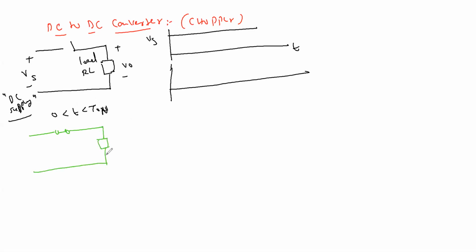Switching frequencies are very high. So V0 equals Vs. For example, this is 100 volts, just an example I'm giving. So V0 equals Vs during the turn on period; suppose the output reaches 100.